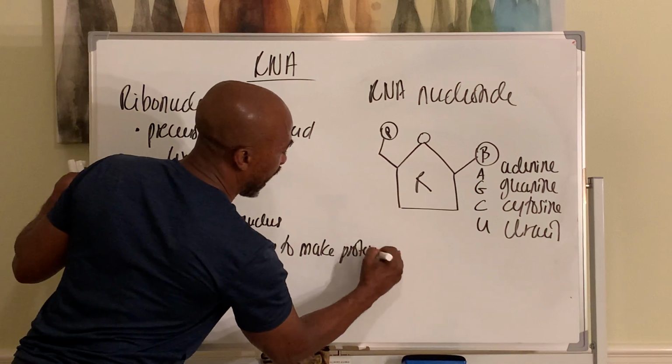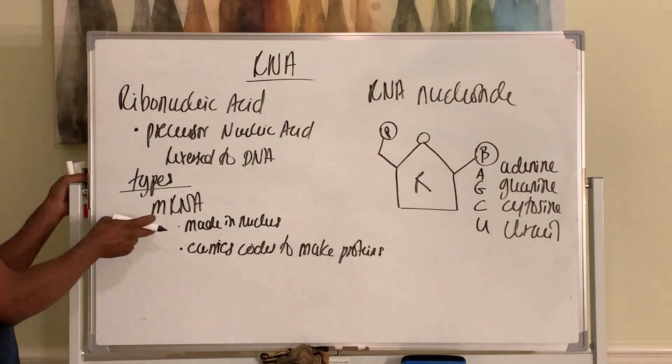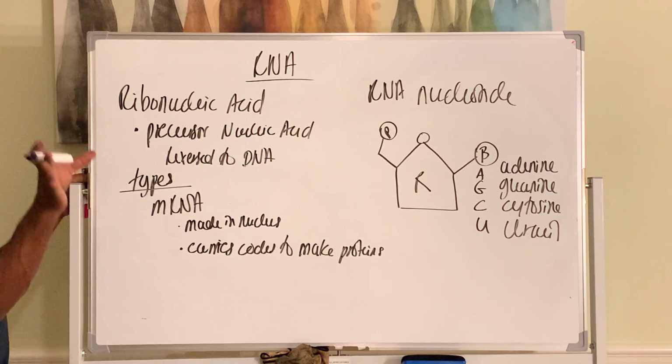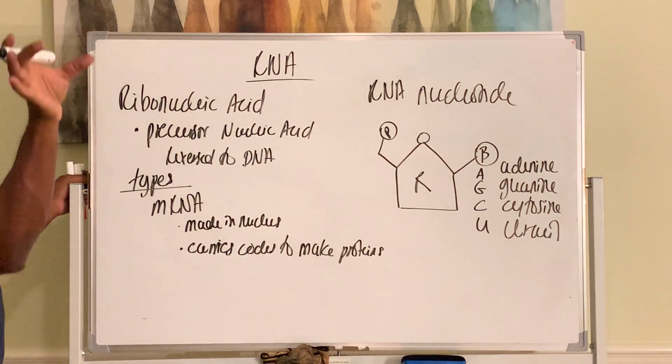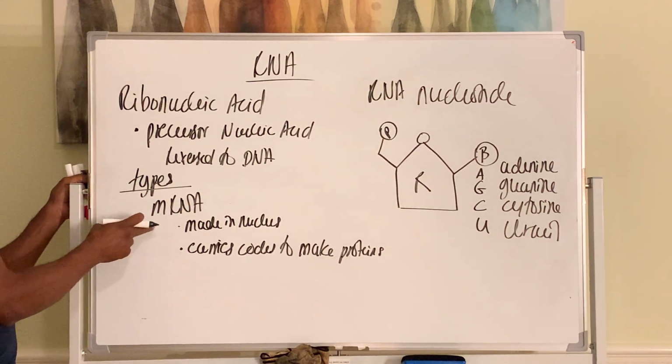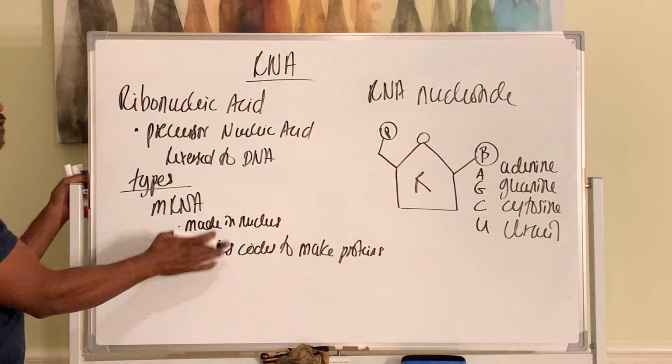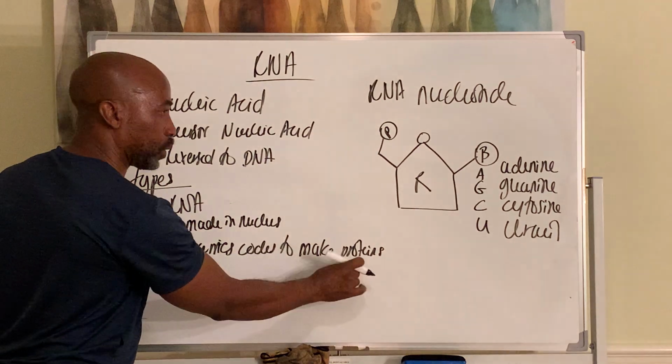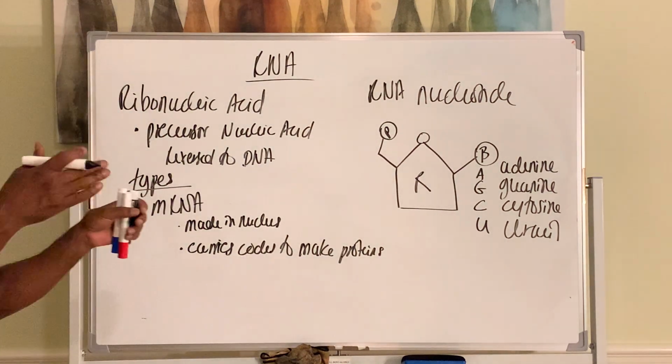This is the RNA that comes from our genes. Our genes are DNA. When we copy those genes over to make proteins, we make that DNA into mRNA. So mRNA carries the codes from our genes that tell us how to make our proteins, meaning how to assemble the amino acids together.